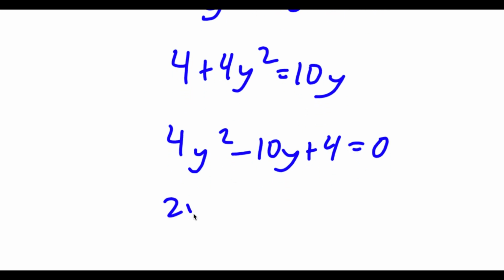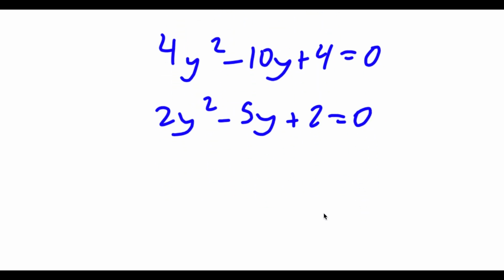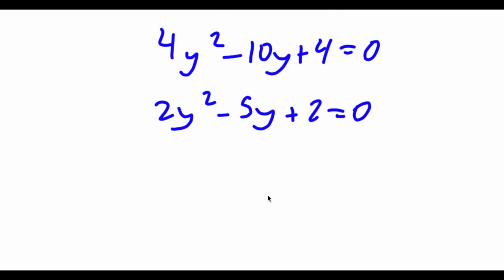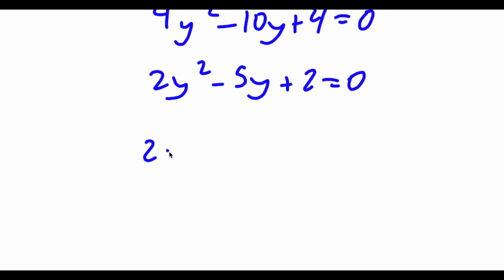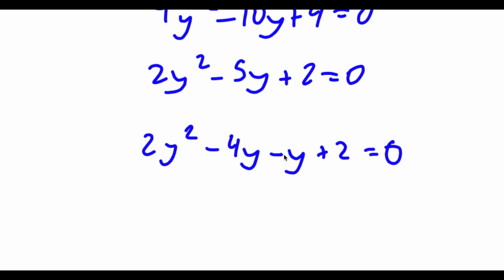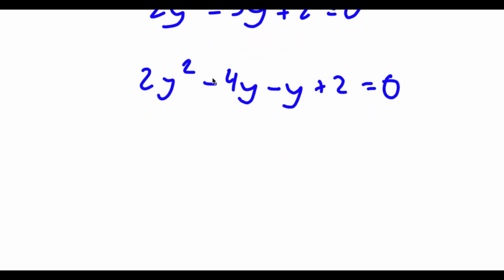This is the same thing as 2y squared minus 5y plus 2 is equal to 0. Now I can rewrite this as 2y squared minus 4y minus y plus 2 is equal to 0. Now I'm going to factor by grouping. So 2y squared minus 4y, I'm going to factor out 2y, so I get 2y times y minus 2.